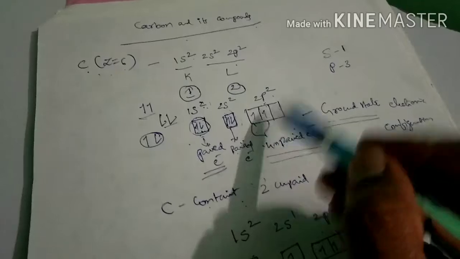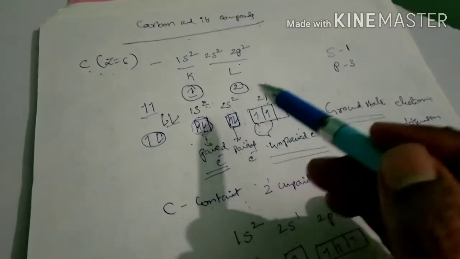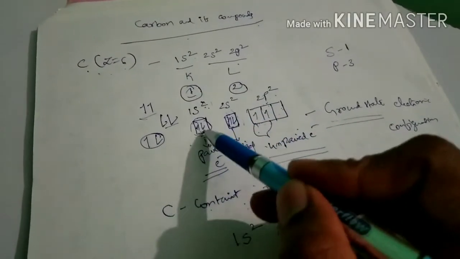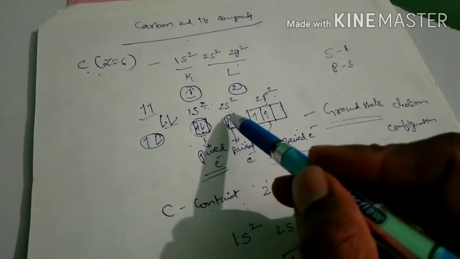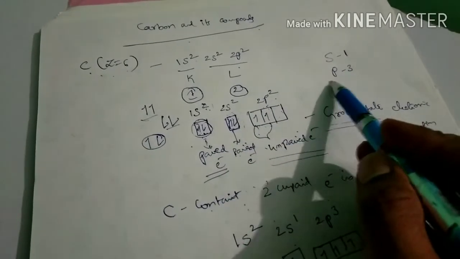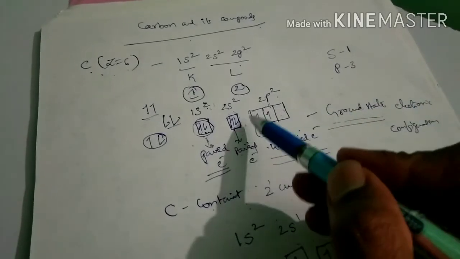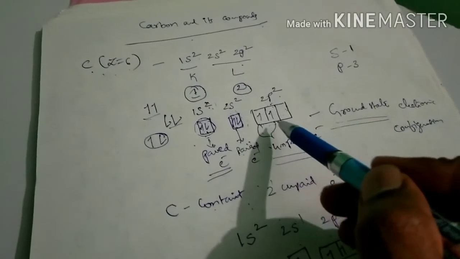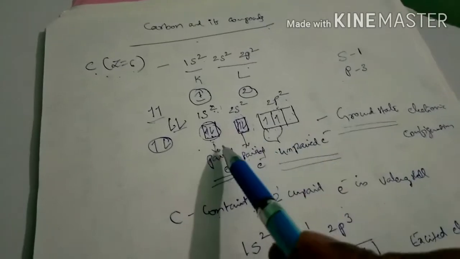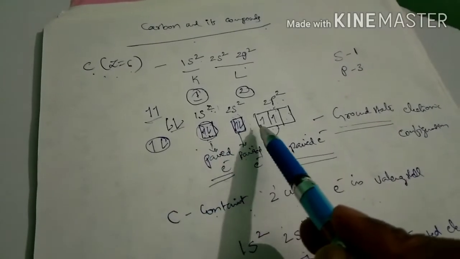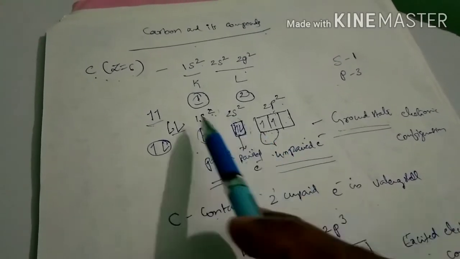Either 1s, 2s, 3s, any s subshell contains 1 box, and p subshell contains 3 orbitals, 2p, 3p, 4p, whatever it may be, it contains 3 boxes, nothing but 3 orbitals. So this is called the orbital representation of the carbon atom.